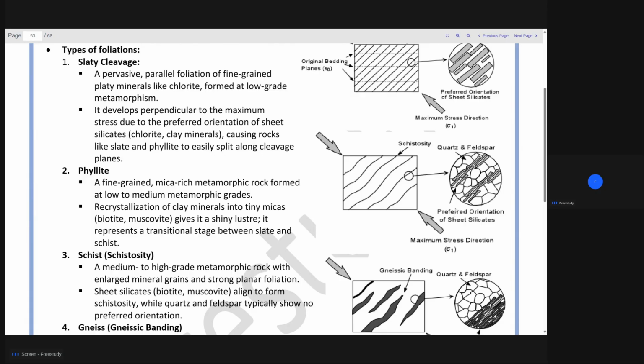Quartz and feldspars are mostly rounded grains, very resistant grains, and they won't be aligned in a preferred orientation. Whereas biotite, chlorite, muscovite, and mica are all aligned in preferred directions.